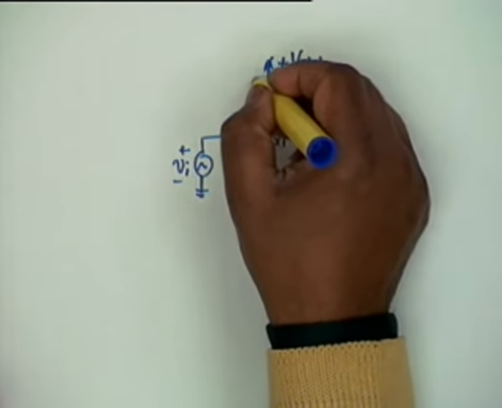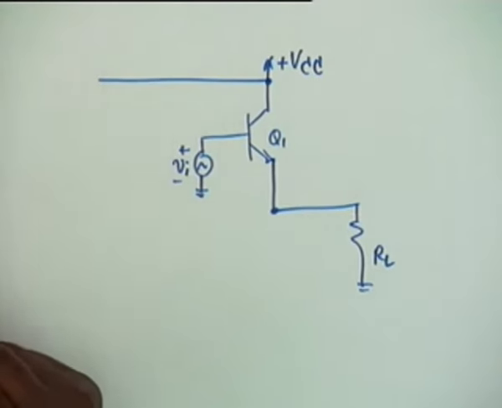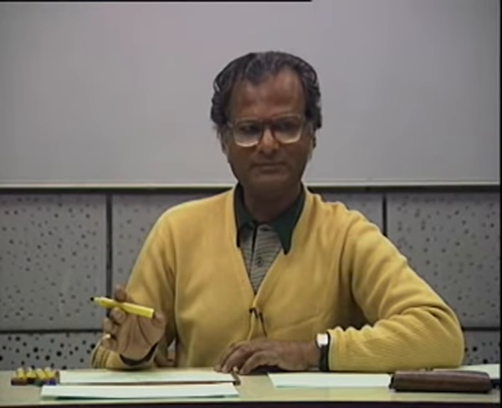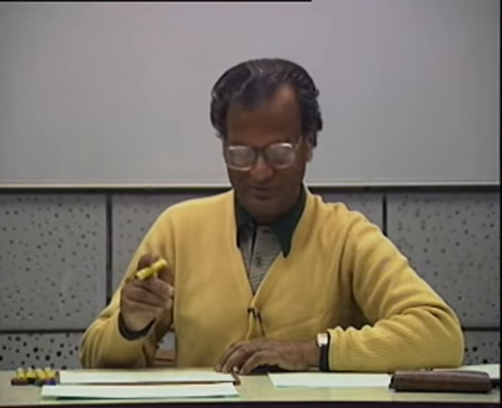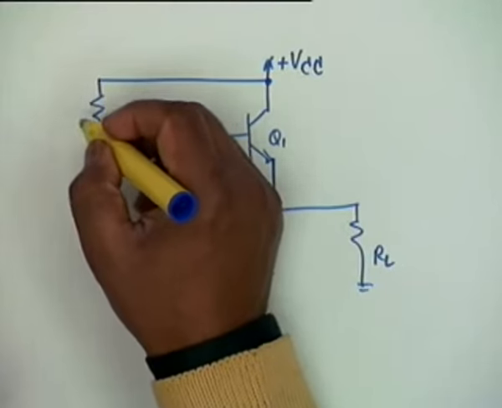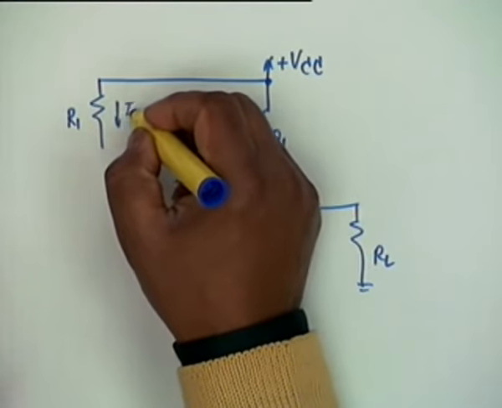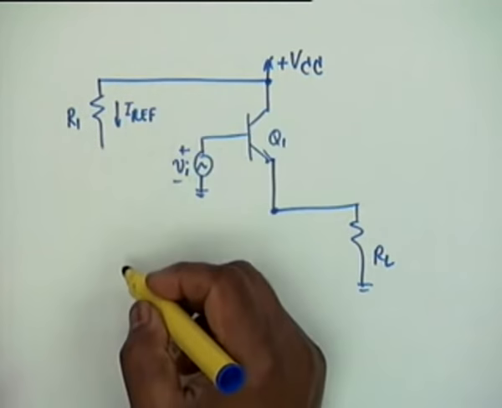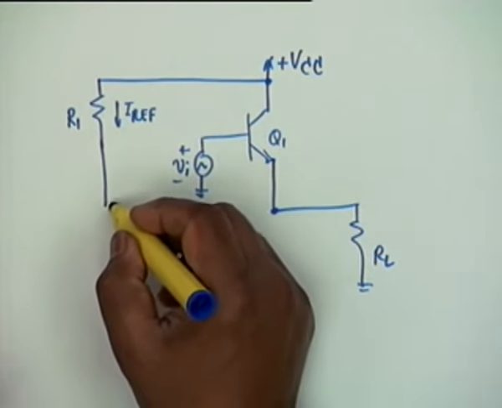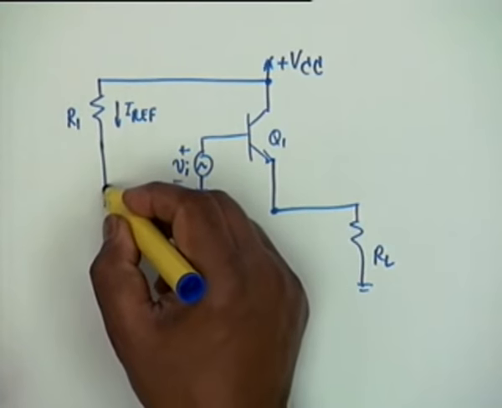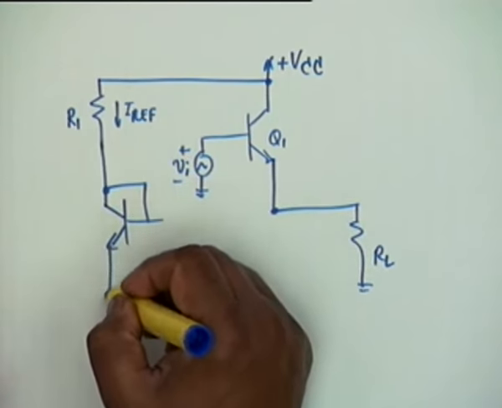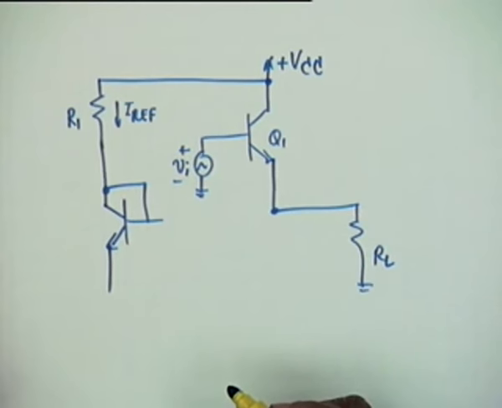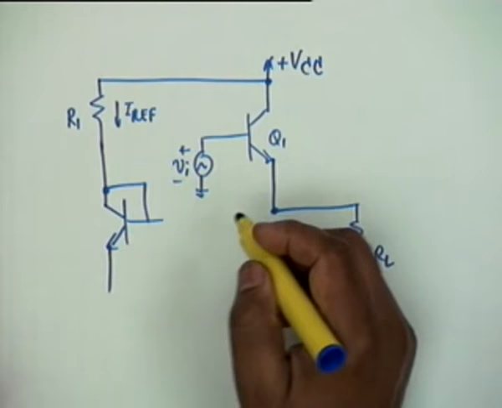Now you no longer require a PNP current mirror. You can do it NPN. And if you can do it NPN, you should do it NPN, because PNP has its own problems. So we require a current mirror, a reference resistor R1, and this is Iref. Then you have this diode connected transistor. I am showing a simple current mirror. It could be a Widlar source also, depending on what amount of current you require.